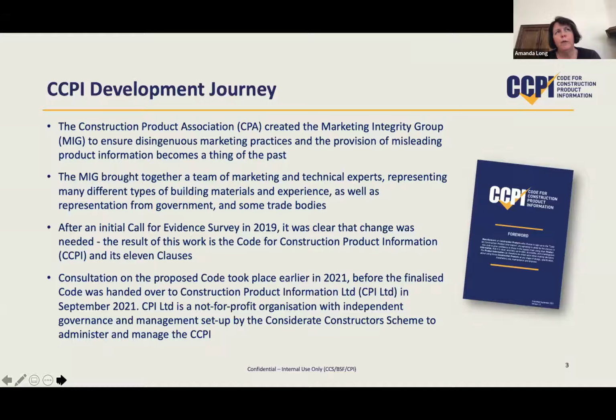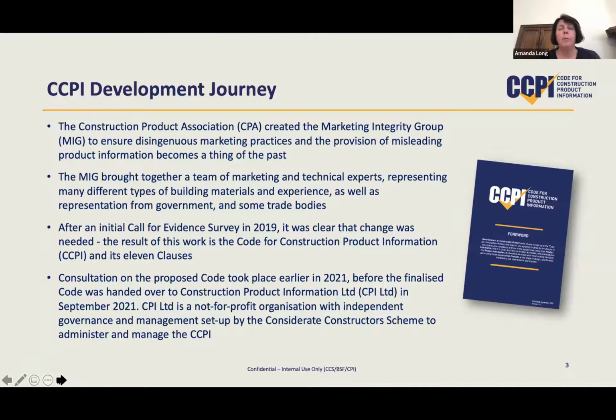They did a call for evidence, which went right across their membership in the industry in 2019. And that brought out a general agreement that there needed to be some sort of code specifically about construction product information. And then the Marketing Integrity Group developed the code.